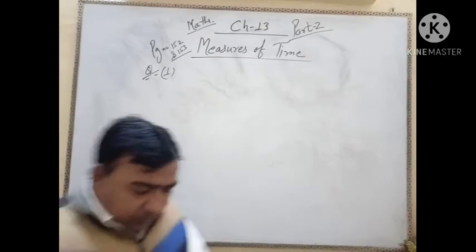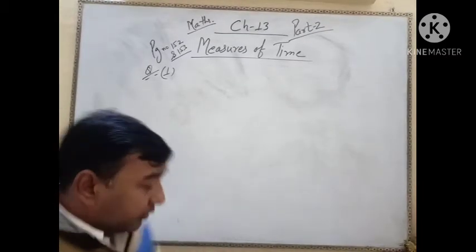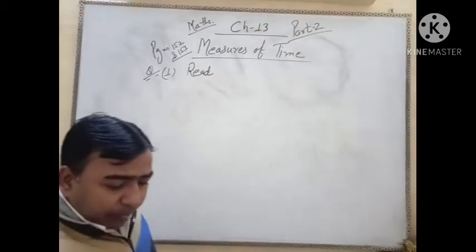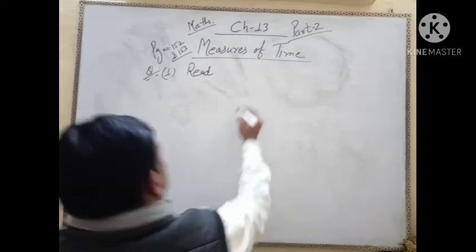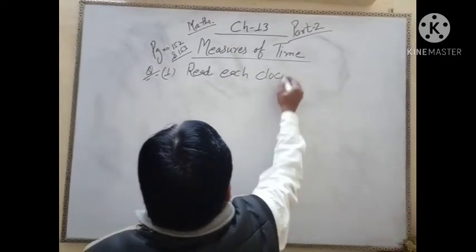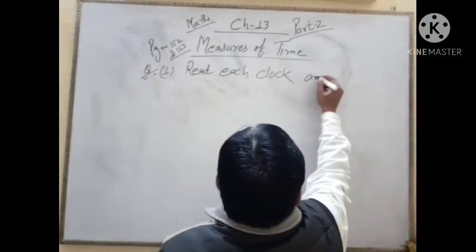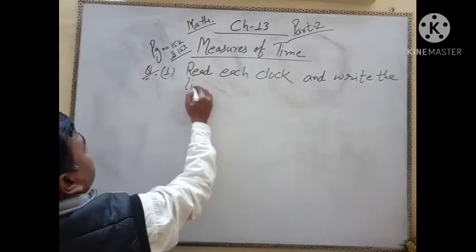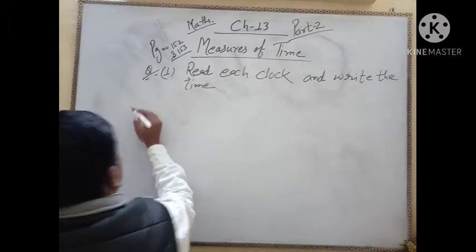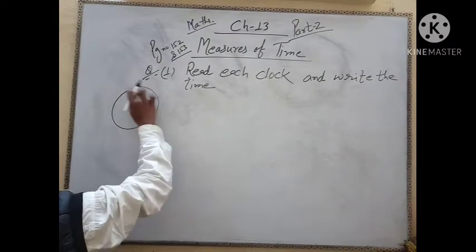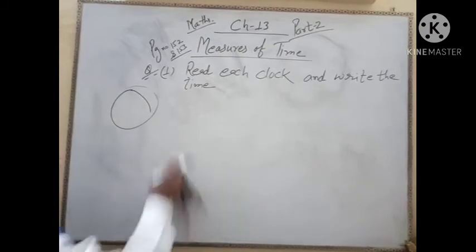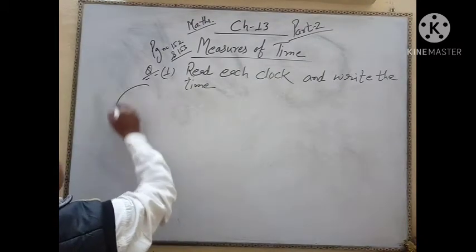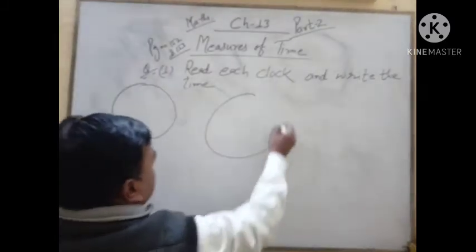Question number 1 is draw the read each clock, and write the time. First, second, third.